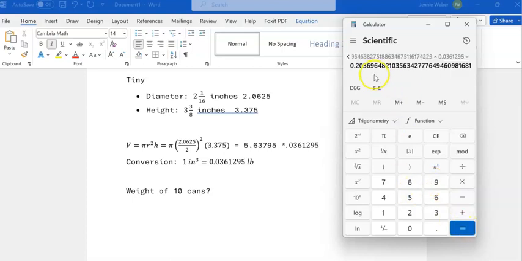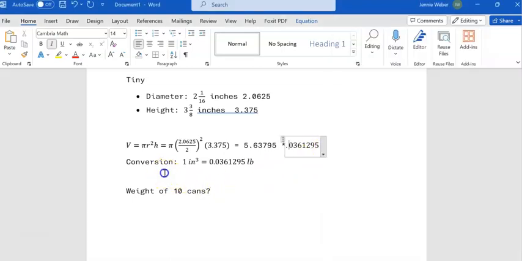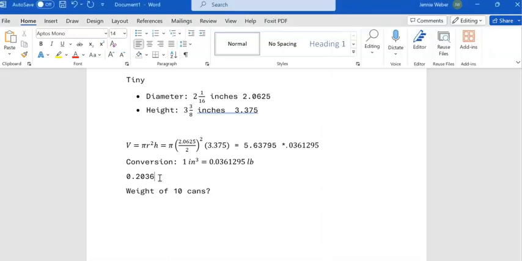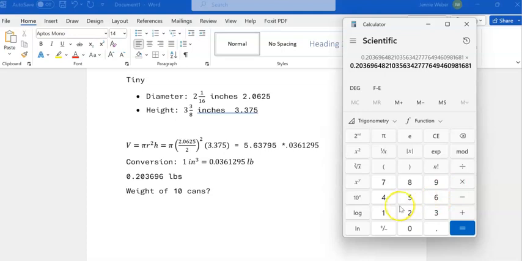Okay, and then I can see 0.2036. So each of my cans weighs 0.203696 pounds.